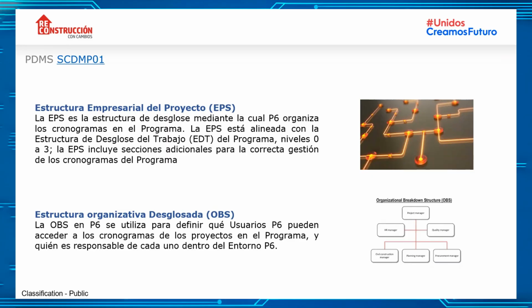We have also an organization structure, the breakdown, the OBS, that is defined for the users of P6 to see who can have access and what types of schedules. And that way, we can be sure that maybe somebody of Integrated Solutions, for instance, is not going to change the program by mistake. Next one, please.